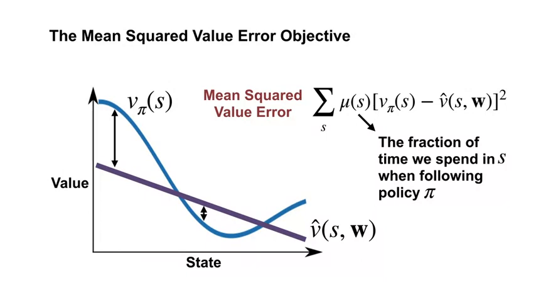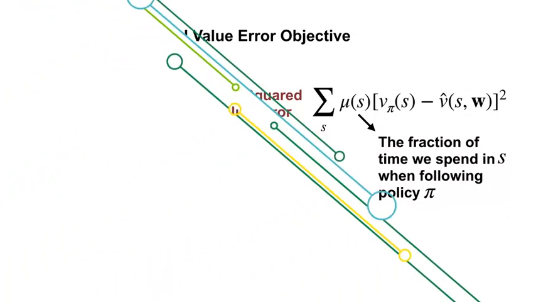The states that the policy spends more time in have a higher weight in the objective. We care less about errors in the states the policy visits less frequently. Mu of s is a probability distribution as shown on the slide. In this example, the policy spends little time at the extremes of the state space. This means, under the mean squared value error, we allow the value approximation to have higher error in those states.